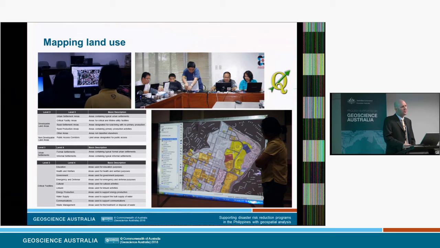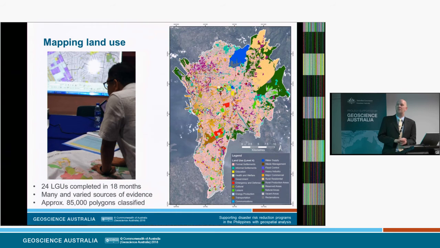Then FEVOX invited local governments to come and participate in the land use mapping because local knowledge is the best piece of evidence for attributing the land use. So over the next 18 months, land use mapping was performed for 24 local government units.